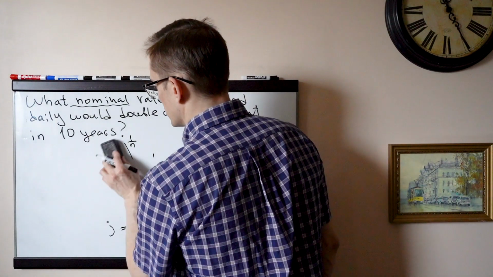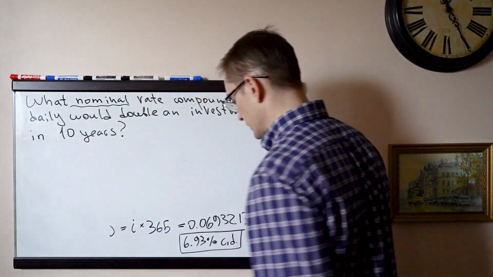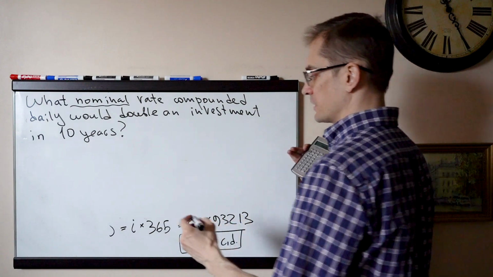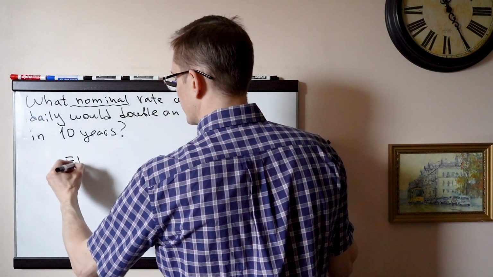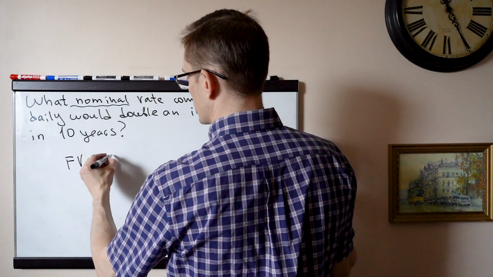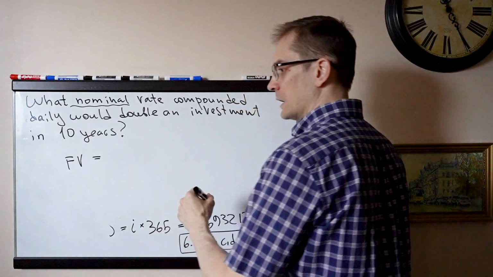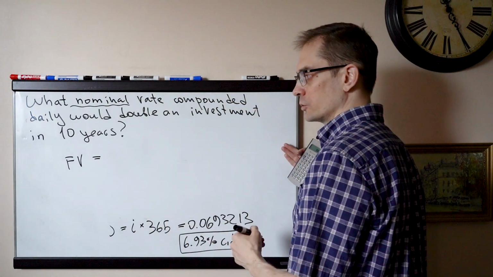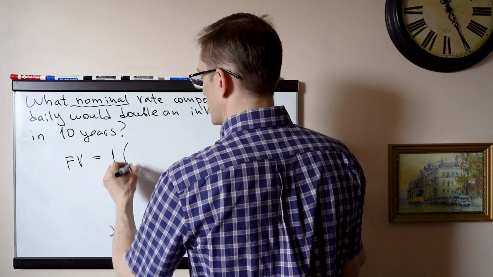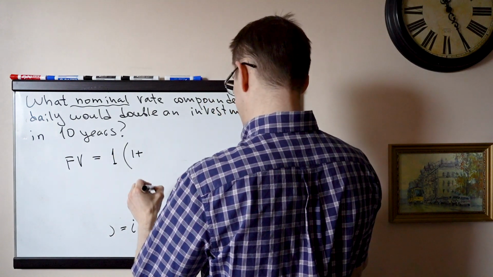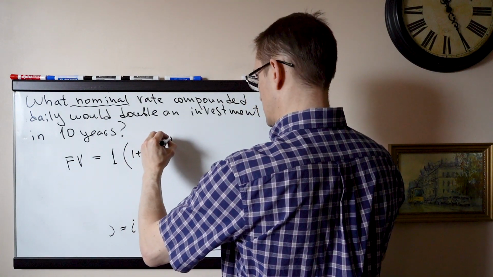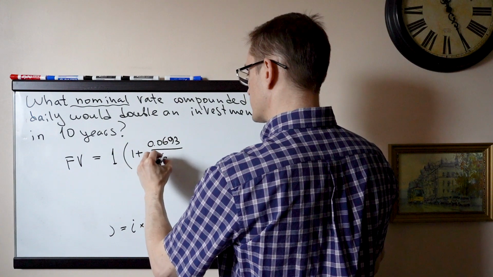Again, it is helpful to check the calculation just to make sure, and also to practice with finding future values. It always helps, right? So future value is going to be some amount, which is $1. Let's invest $1. So for each $1, we should get $2 as our future value, but let's see if we get it or not. So it's $1, 1 plus this rate, 0.0693 divided by 365.